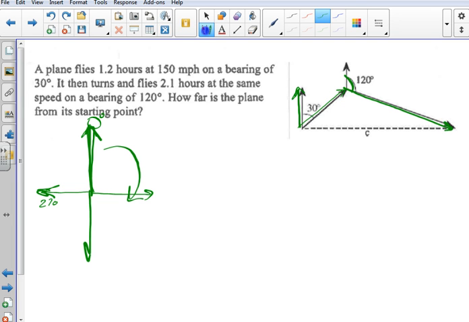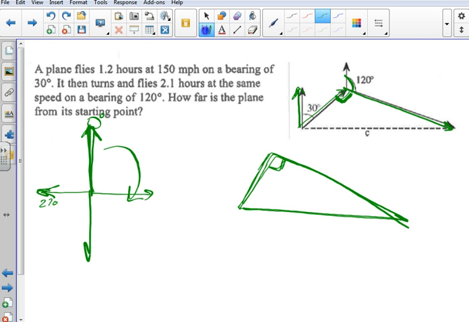Well, the key there is this. 120 minus 30 is 90 degrees, and that's this angle. So this is a fancy way of saying this is a right angle. So I have this right triangle. You'll believe it's a right triangle even if it doesn't look that way, right? All right, good. I fixed it up a little bit.